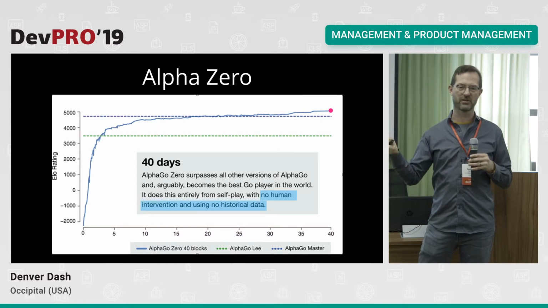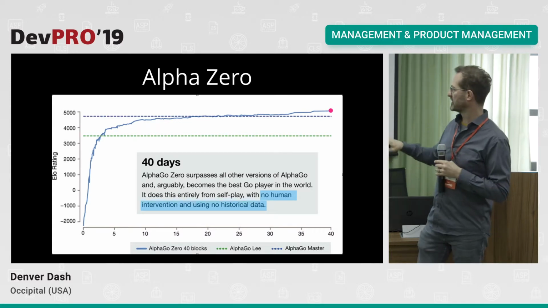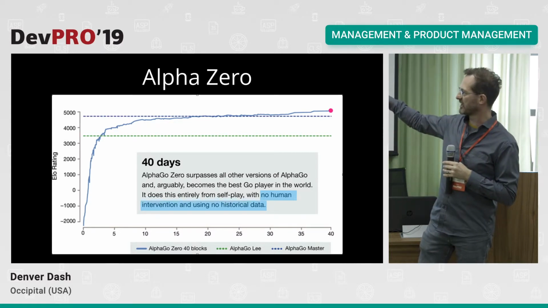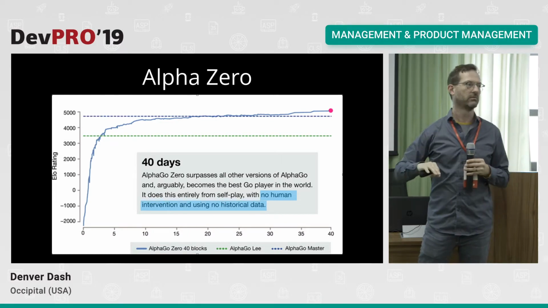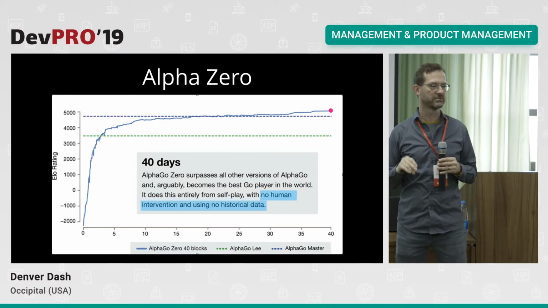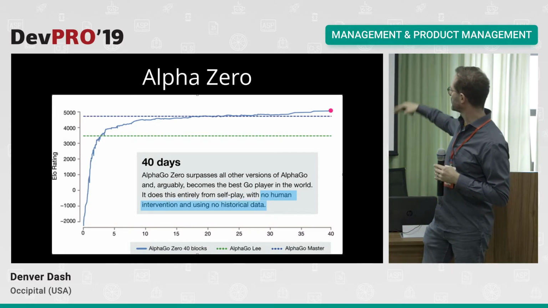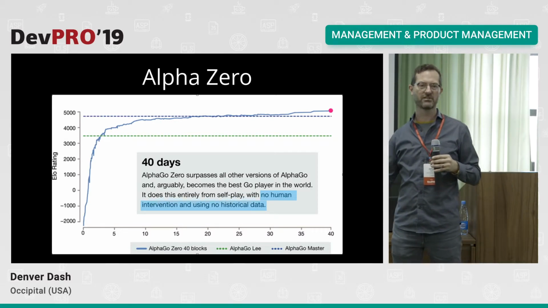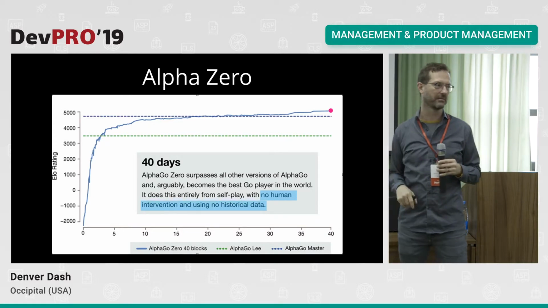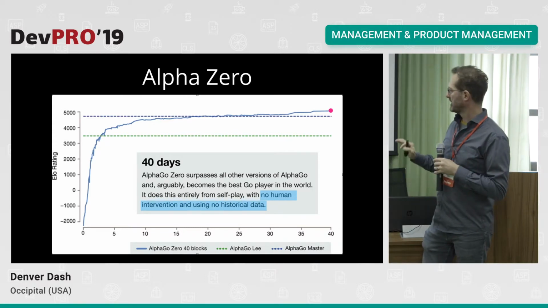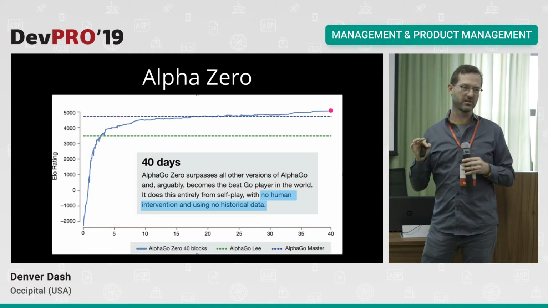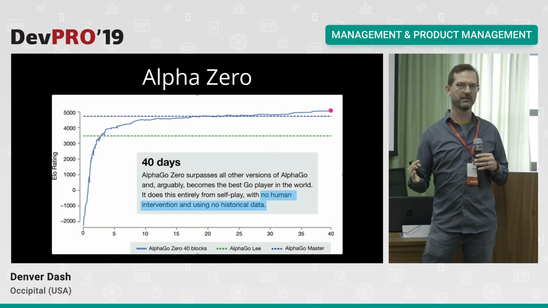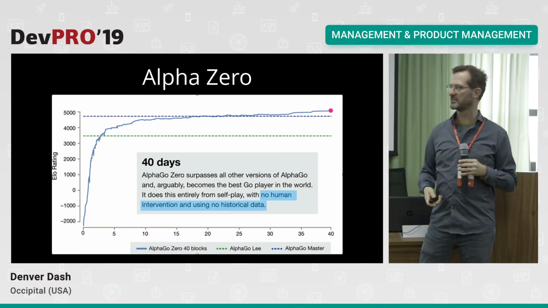This was just you play yourself and you decide the best way to do it. And within less than 5 days of training like that, it could beat AlphaGo like 100 out of 100 times, essentially. And then, 40 days later, it could beat a coalition of 60 Go masters online or something like that, like 100% of the time. So it's not just the amount of data, it's also the quality of data, the non-biased data that's important.